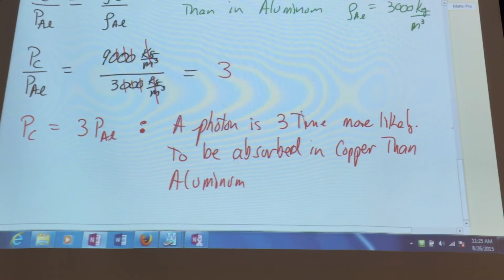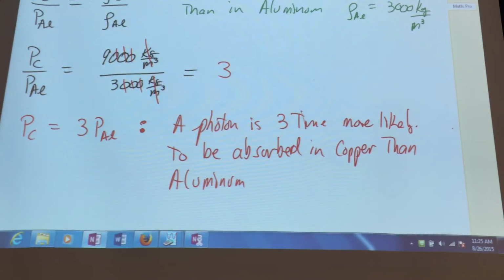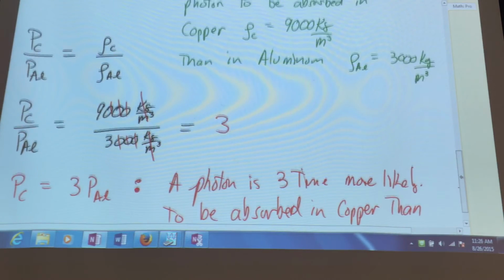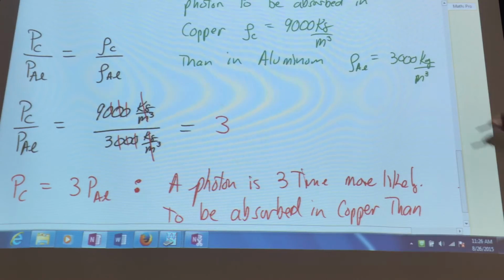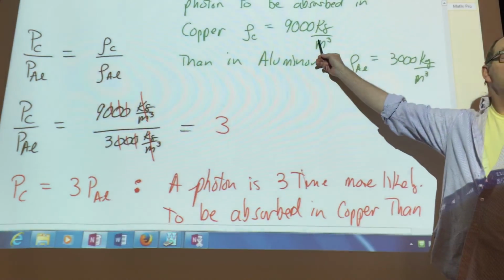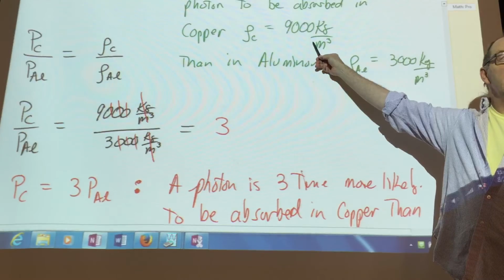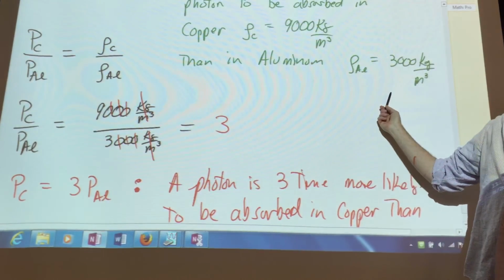Well, what the difference is that the copper is more dense. There's more atoms per meter cubed than in aluminum.